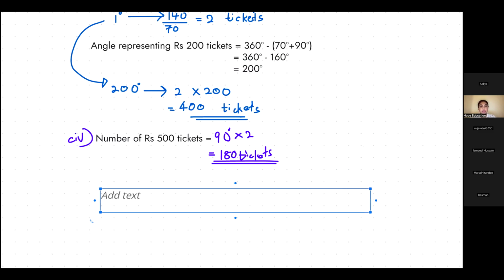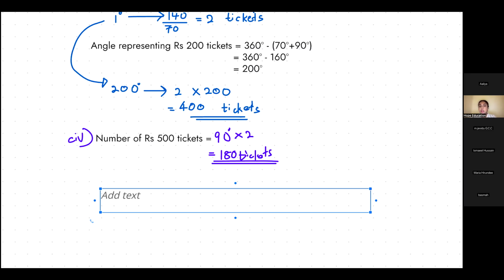Now let's multiply. 140 multiplied by 1,000 is 140,000. 500 multiplied by 180. 18 times 5 would be 90, and then zeros, so 90,000.